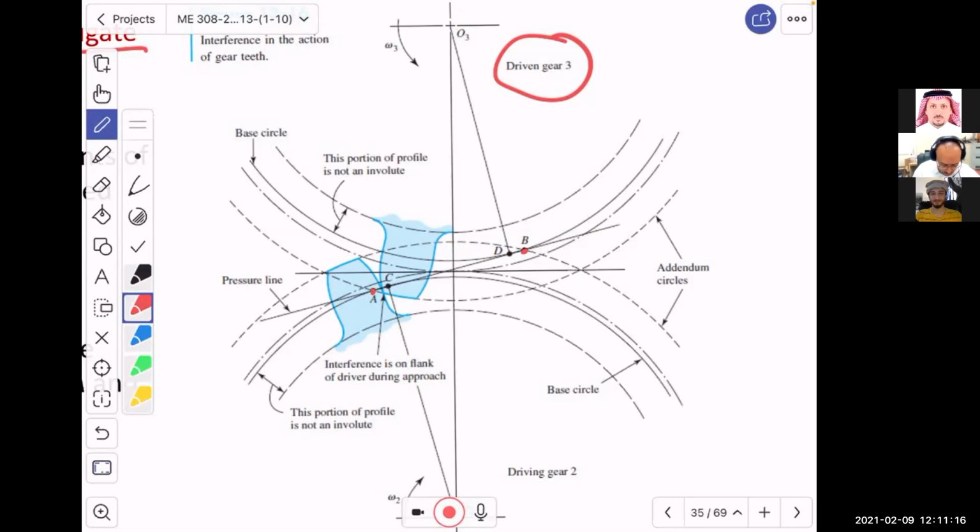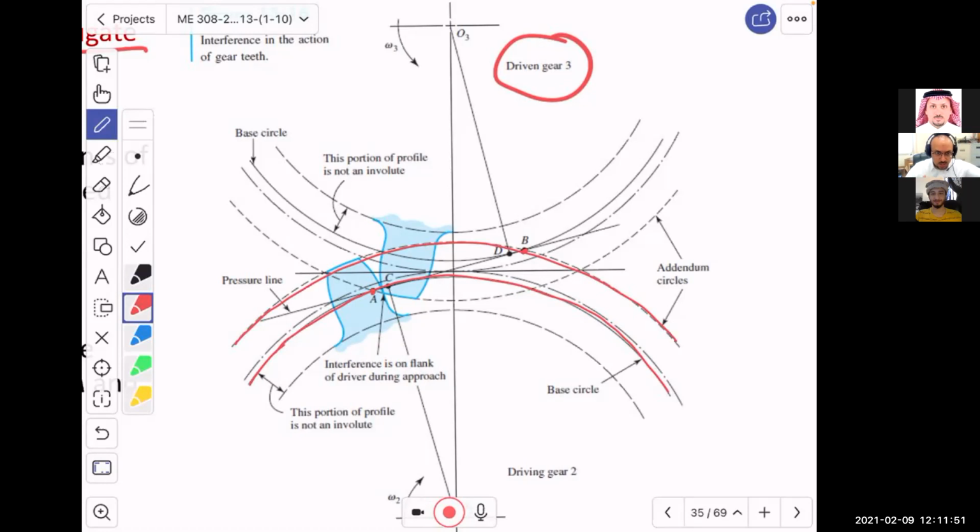But if we draw a circle, look, this circle, which encompasses point A, this is point A, and this is the domain of point B. So whatever is in between A and B, logically, everything here is an involute profile, and the contacts over here are as much as we want them.